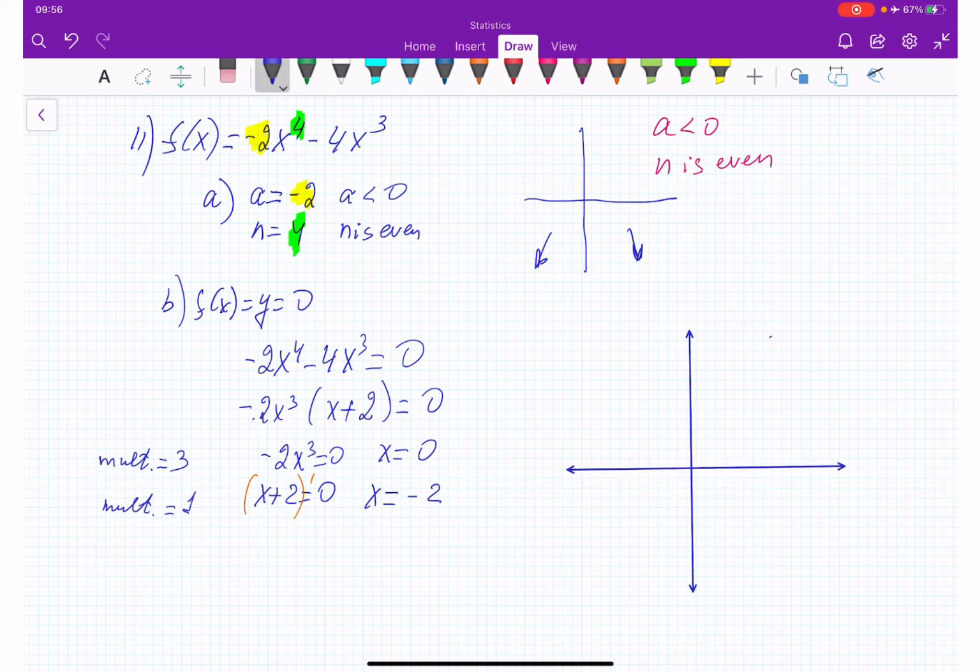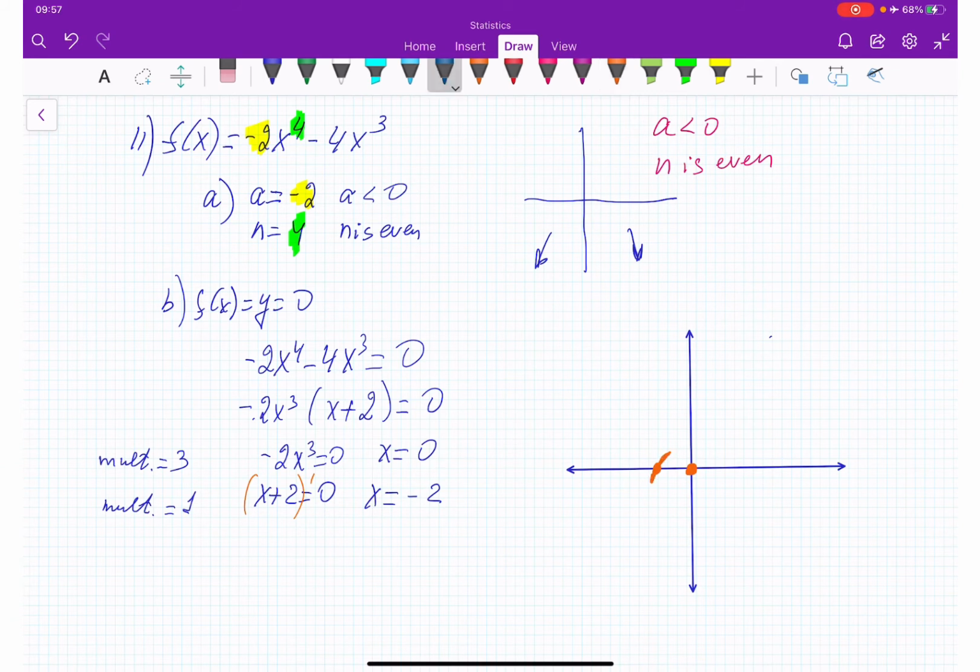Okay, so we have end behavior down, we already know. So x is 0 and x is negative 2. Let's say this is my negative 2. Okay, since my end behavior is going to be down, it's going to cross like this.